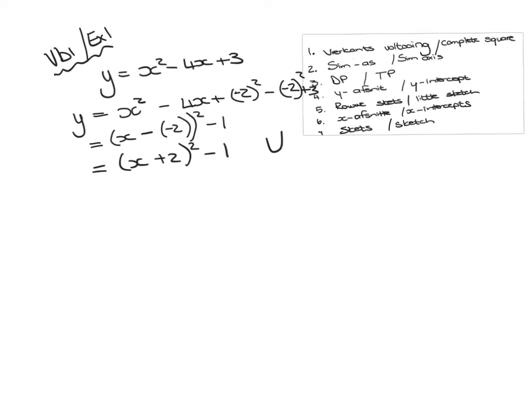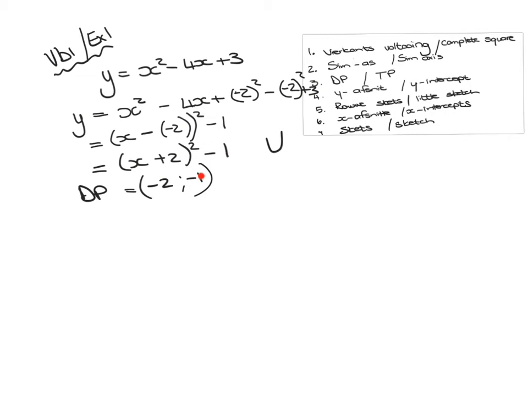Goed. Nou om die symmetrie as te kry, begin ek deur te sê my draaipunt gaan wees minus 2 en minus 1. To get this symmetry axis, you give your turning point. The turning point is that one with the opposite sign.